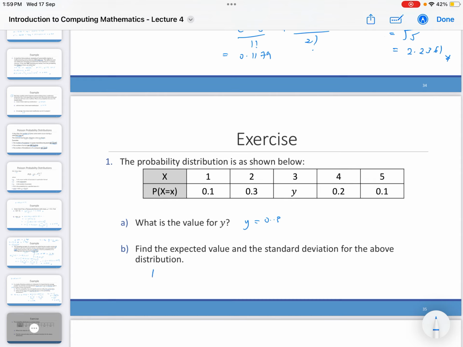The expected value answer is 2.9, and the standard deviation, sigma, equals 1.1358. So I want you to try this yourselves.